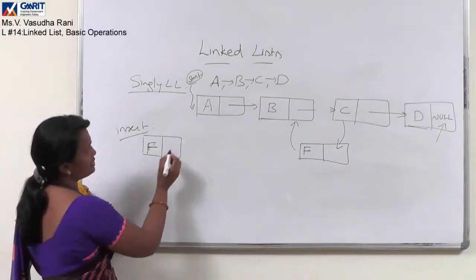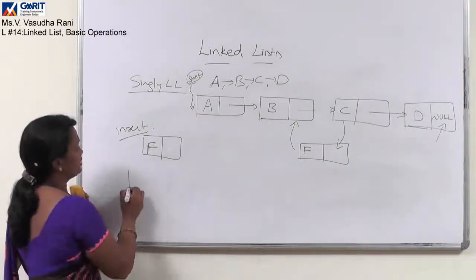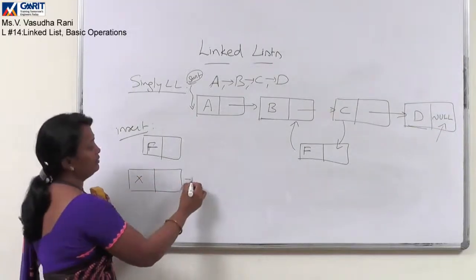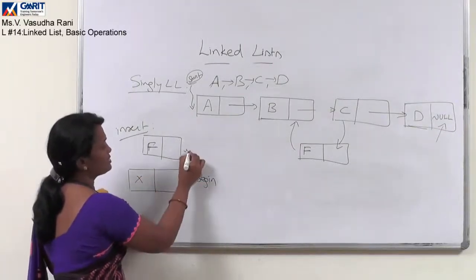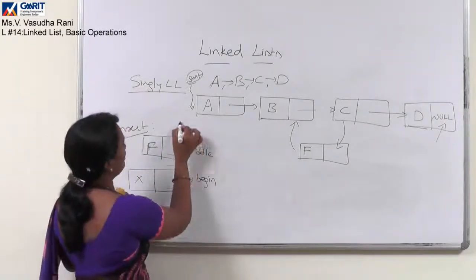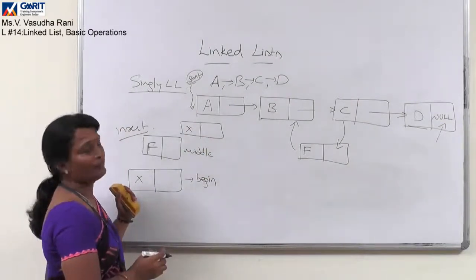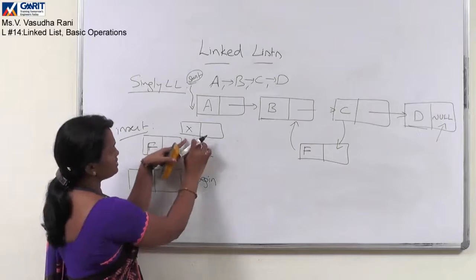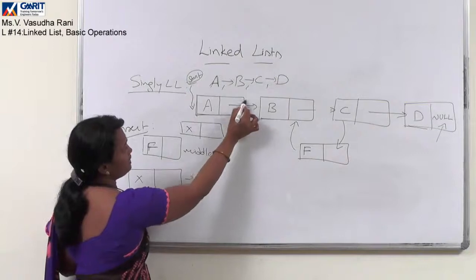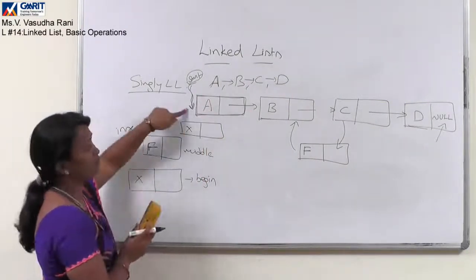Another case of insertion is inserting a new node at the beginning of the list. Assume that it is some X you want to insert at the beginning. This is the middle case we have seen. Now after inserting this X node before A, A has its significance as it has the start pointer.